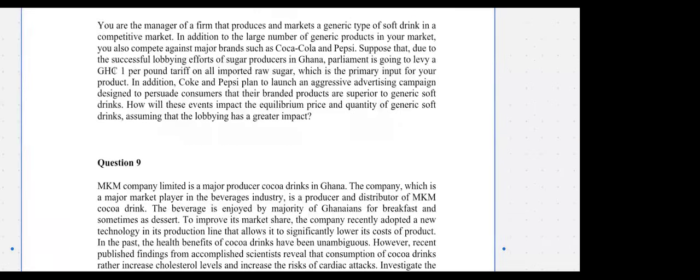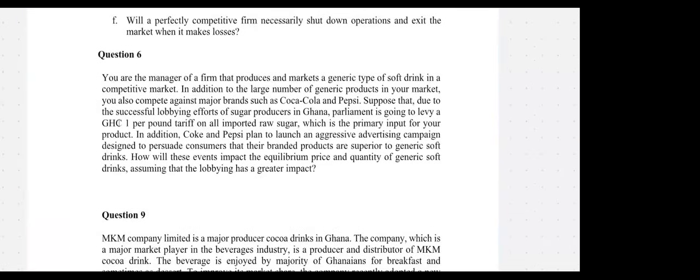It is actually 6 and 7, but I think there was a mistaken numbering. They wrote 9 here, which should rather be 7. So we're going to solve questions 6 and 7.